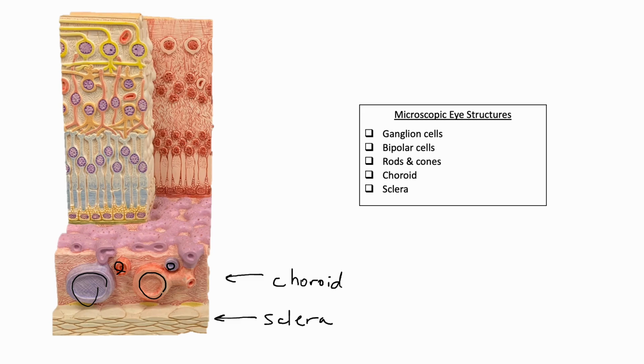So all of that is our retina. Now, the other thing that we know about the retina is that it has 3 different layers of cells. So our rods and cones are actually going to be this layer here.